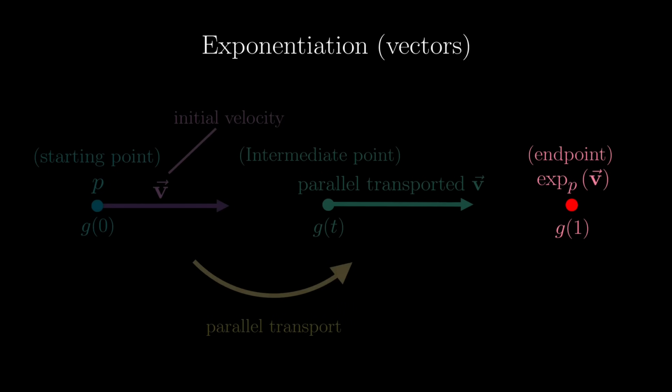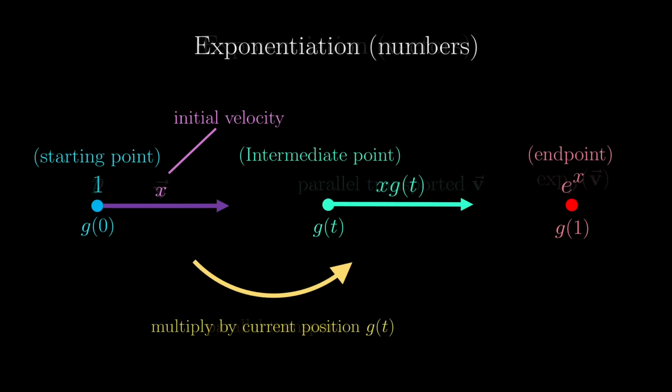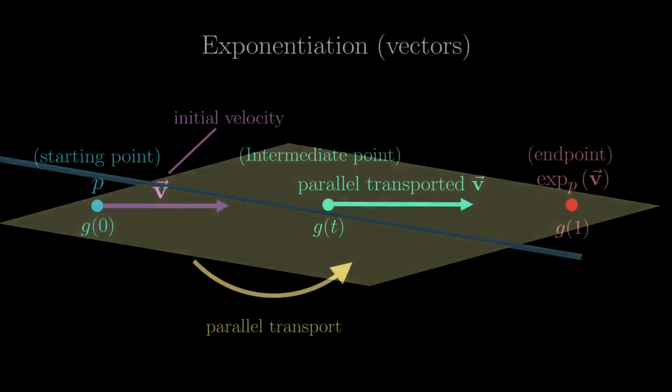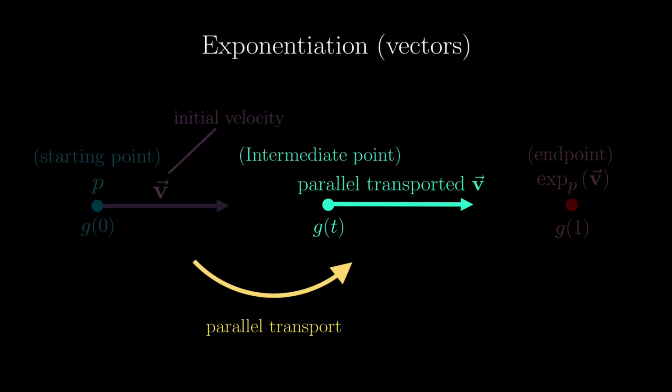Now, some of you might be thinking there is something wrong if this is meant to be generalizing exponential of normal numbers. Let me explain. If we consider a specific case where the manifold is just a plane, or even simpler, just a number line, then throughout the process of exponentiation, in particular the parallel transport process, would just be a normal translation.